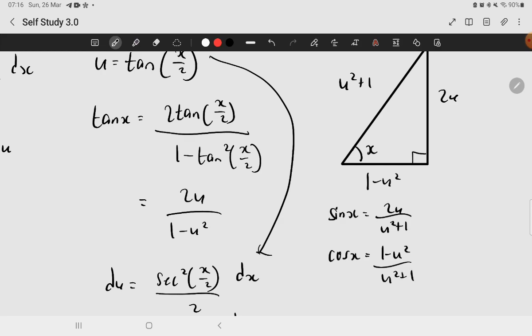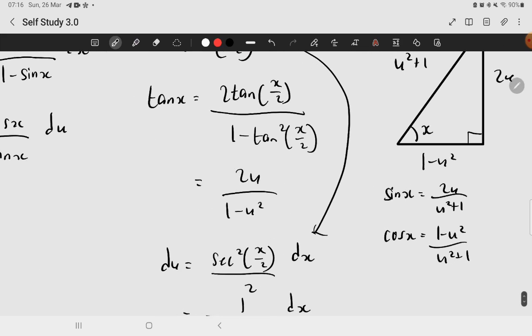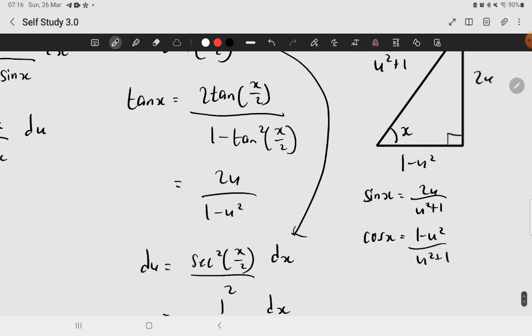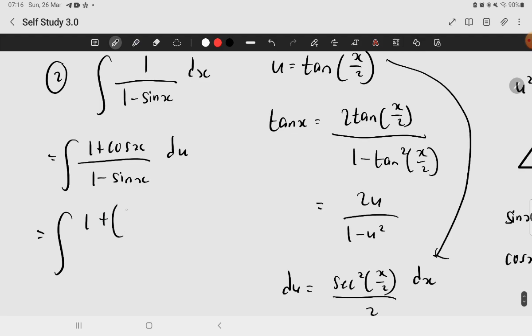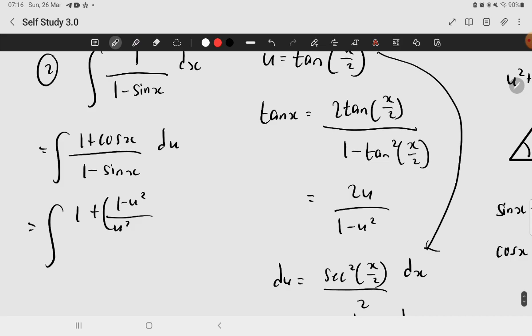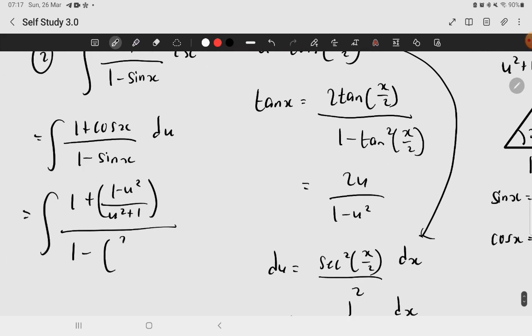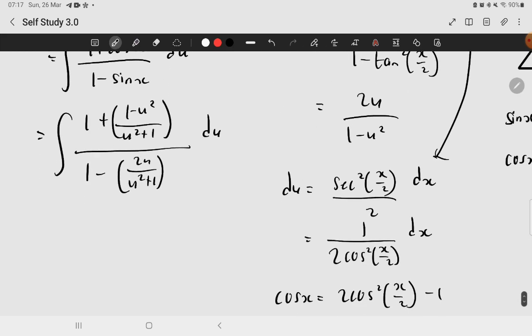So the respective terms, sine of x and cosine of x, we could express in terms of u. Therefore, from here, you have 1 plus 1 minus u squared divided by u squared plus 1, divided by the term 1 minus, and then sine of x will be 2u over u squared plus 1, du. Now it looks better, right?